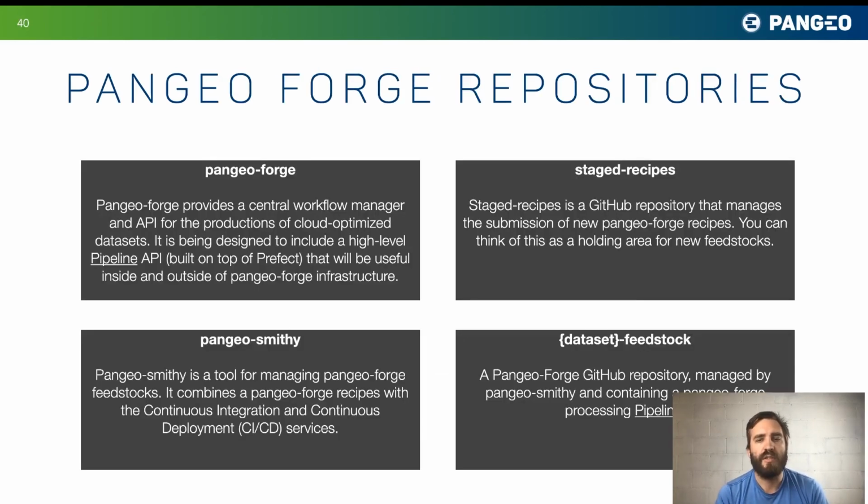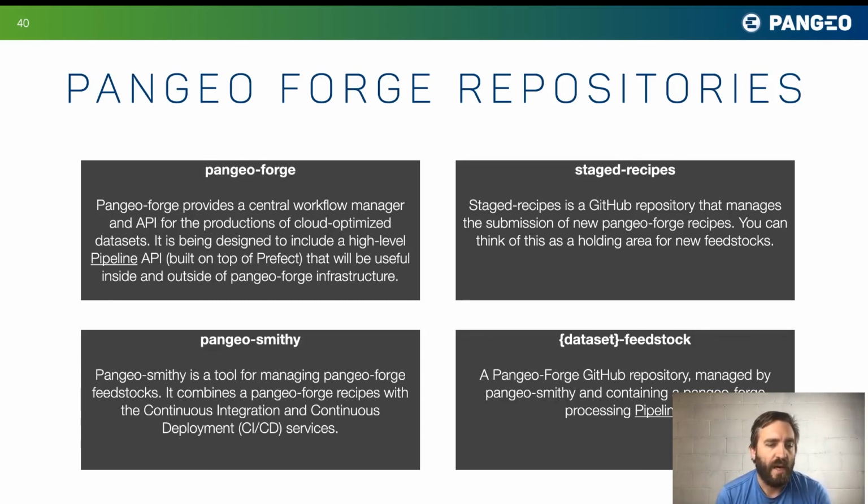So currently, Pangeo Forge consists of a couple different ingredients, and these are each GitHub repositories. There's Pangeo Forge itself, which is a central workflow manager and API for producing these data sets.